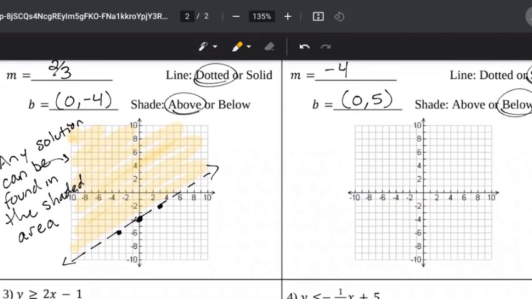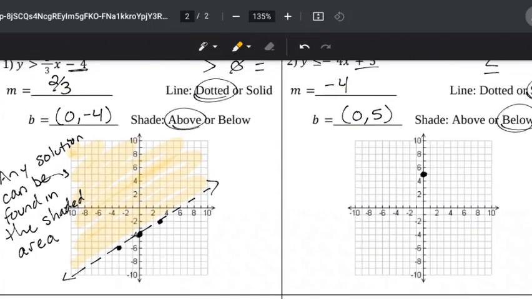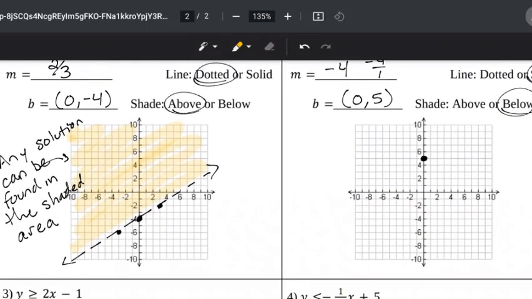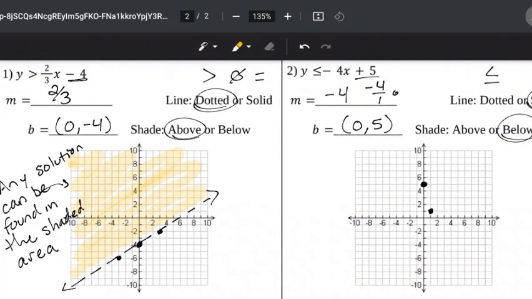So we plot our y-intercept, (0, 5). Slope is -4, which can be written as -4/1. So we go down 4 to the right 1, or it can be 4/-1.